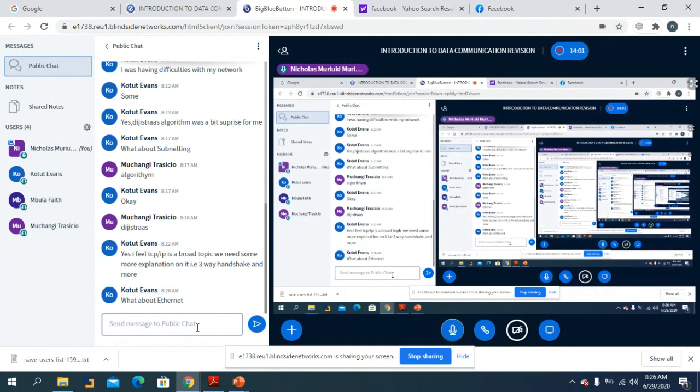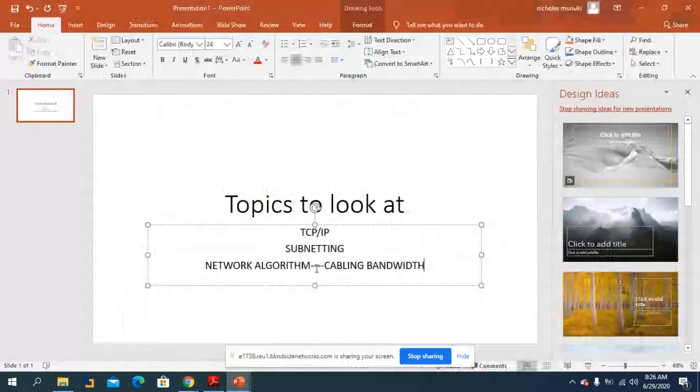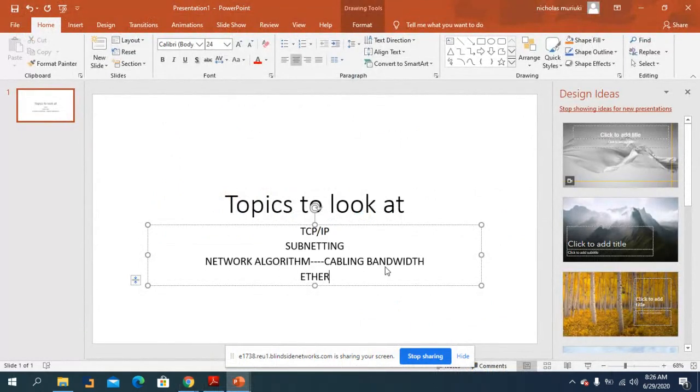So Ethernet. We are supposed to cover Ethernet in wireless. That is the case where we have some limitations. When you talk about Ethernet, we were looking at Ethernet as a way of communication.